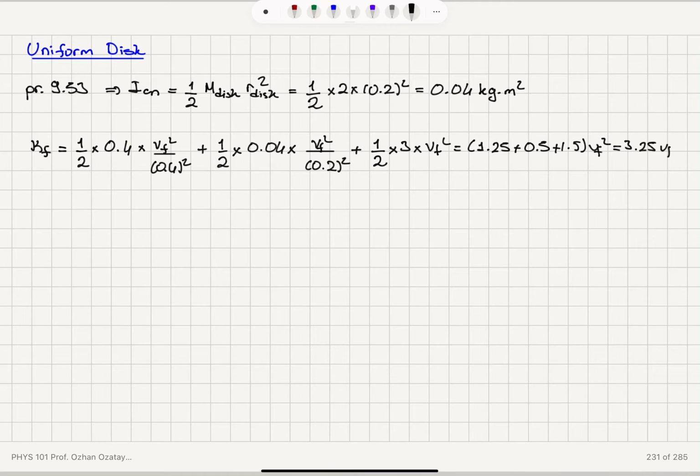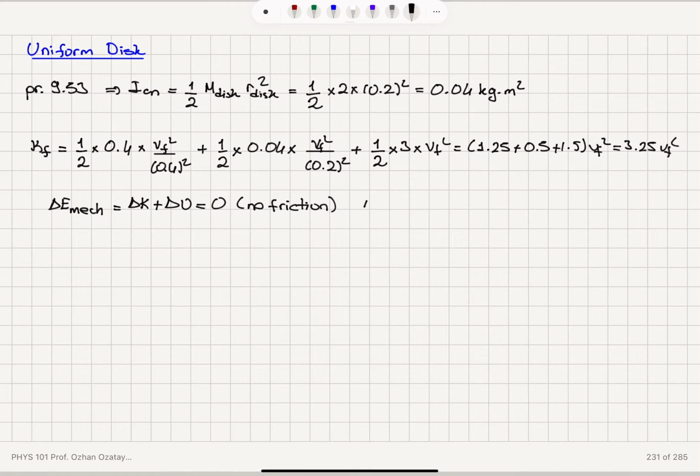which is 3.25 V final squared. Now, if you look at the change in mechanical energy of the system, delta E mechanical, which is the change in kinetic energy plus the change in potential energy, this should be equal to 0 because all the axles were frictionless. The axles had no friction, so we have conservation of energy.